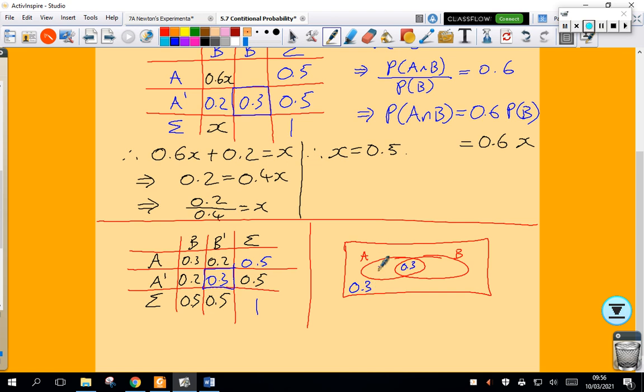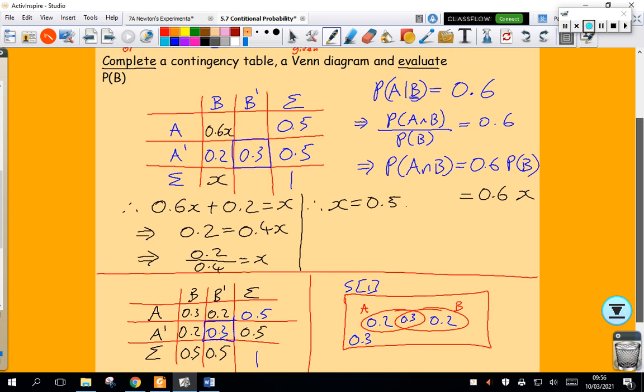And then we've got in A but not B, that's 0.2. And then finally in B but not in A, we're in column B but not in row A, that's 0.2 also. All of those probabilities have to add up to 1.